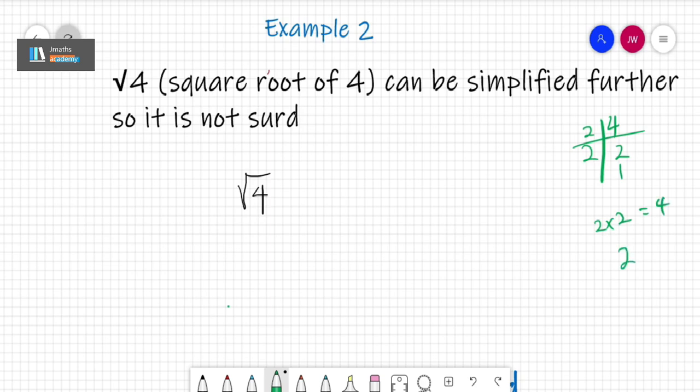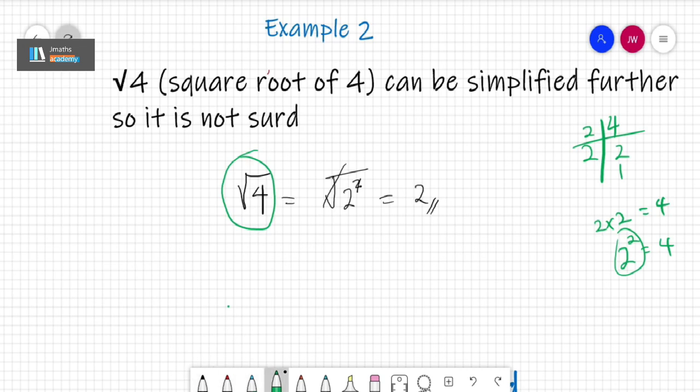And in indices, 2 raised to the power of 2 is also 4. So I can substitute 4 for 2 raised to the power of 2, and these 2 can cancel out this root to remove the root, and finally we have 2 as our answer. And this implies that the square root of 4 is not a surd.